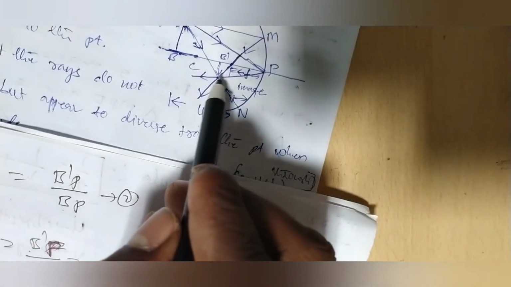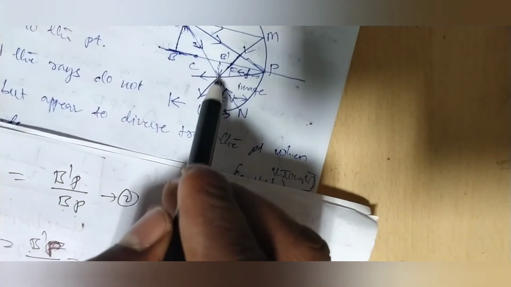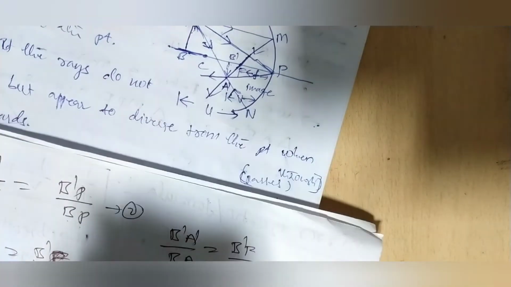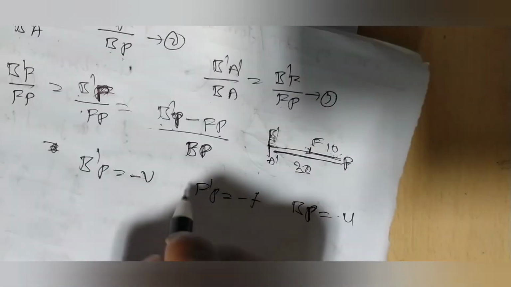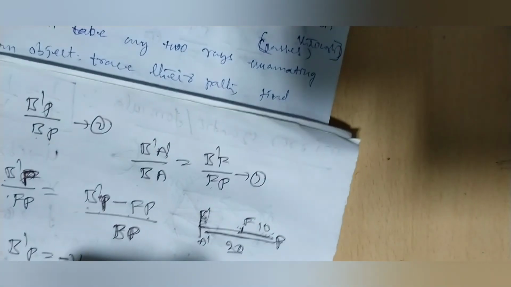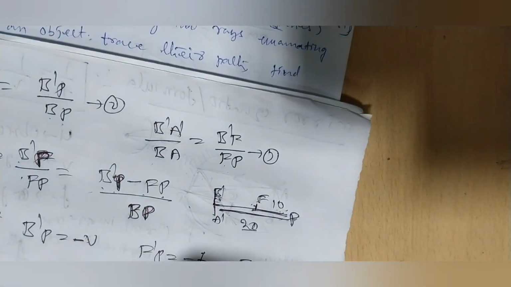b dash p is in the downward direction, that is why we can take the image distance as negative. Image distance is negative because the image is in the downward direction. And also the focal length is in the reverse direction, opposite.